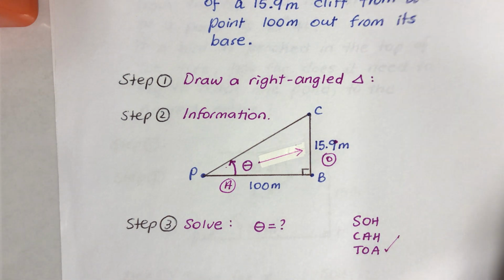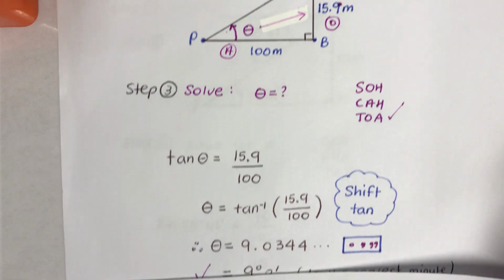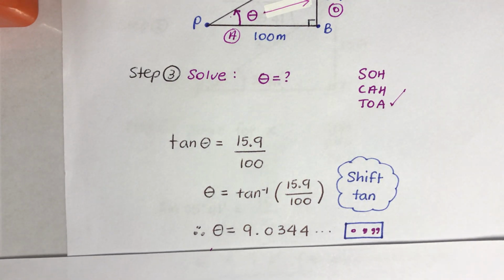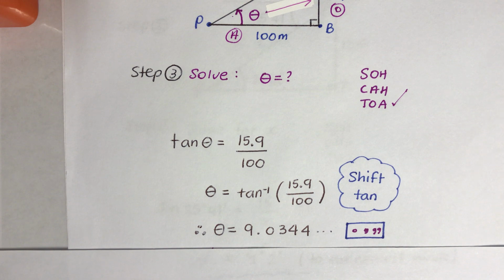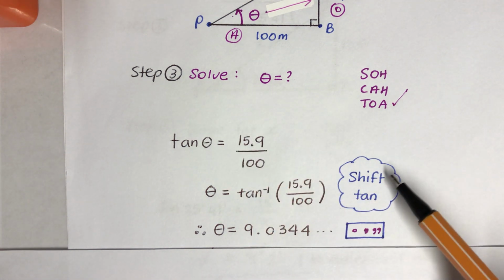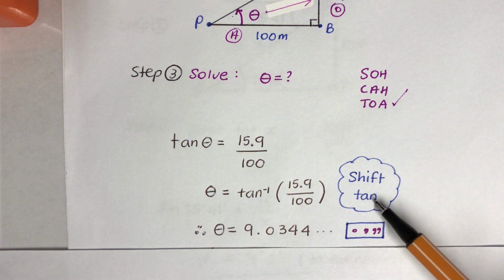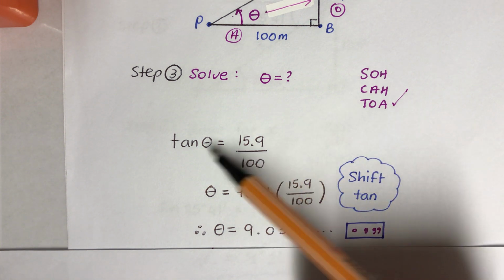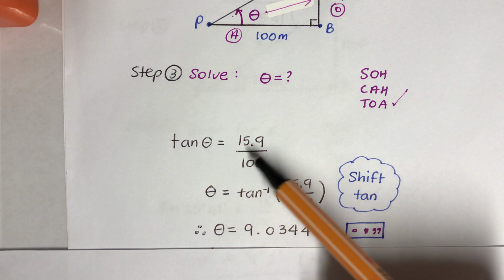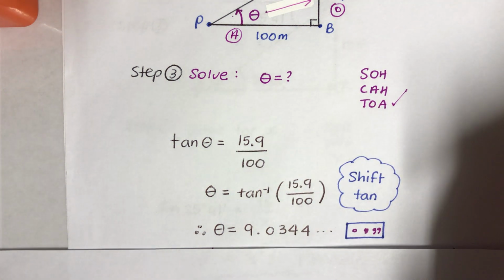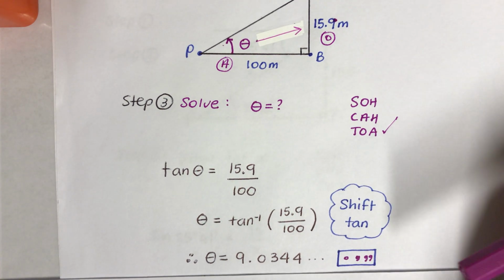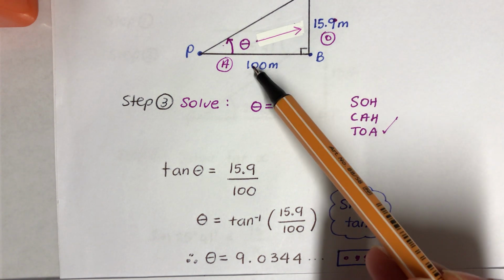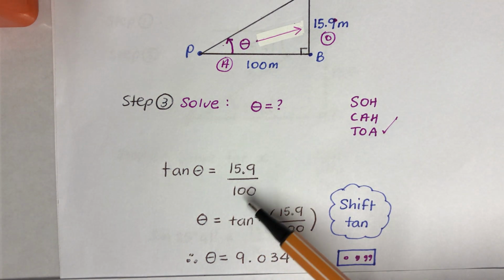Of course, tan. Now just remember, if we want to look for an angle, we've got to use shift and the trig ratio. So we picked tan, and we're going to do tan theta equals opposite over adjacent, so 15.9 over 100.